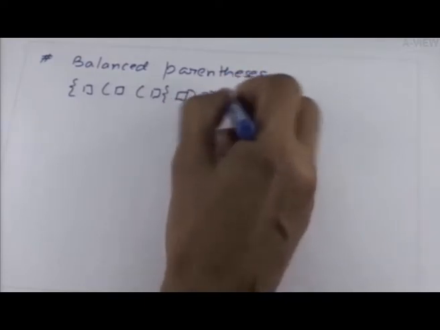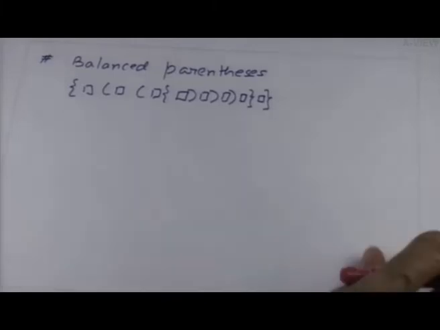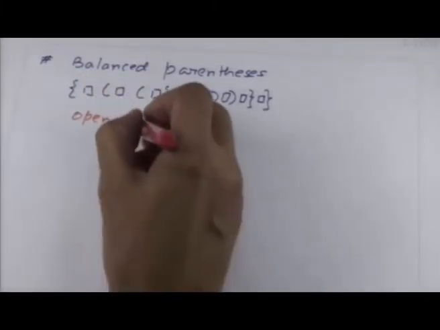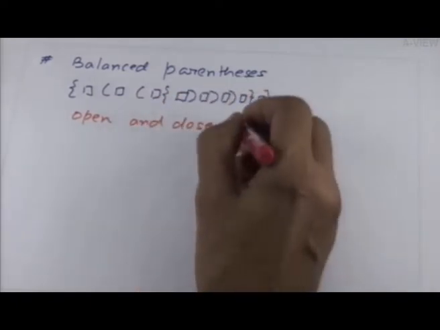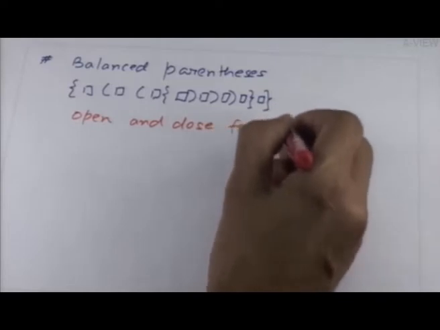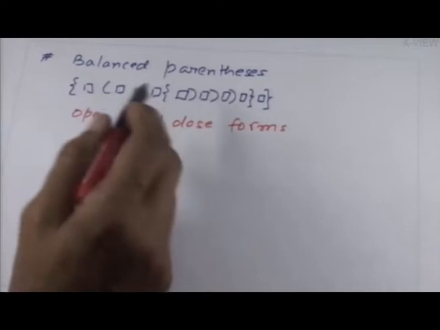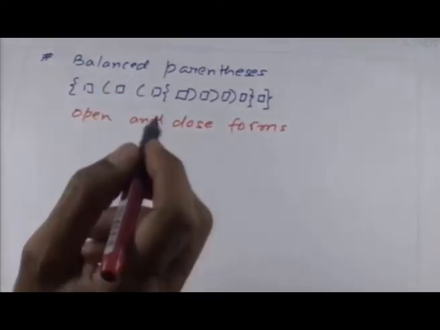So there are maybe one or more integers between them. The balanced parentheses problem asks: looking at the open and closed forms, every parenthesis has an opening and a closing form. Is the expression balanced? Does it make sense? Because every parenthesis has a matching partner and the whole thing is correct.